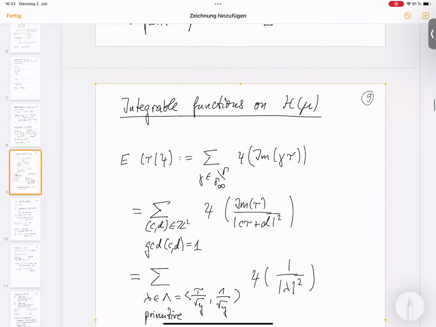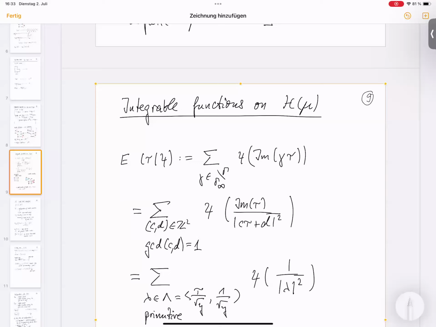And yet another way of writing that, keep in mind that the imaginary part of tau is just the y, if I write tau as x plus iy, and that the lattice scaled to unit volume is generated by tau over square root of y and 1 over square root of y.